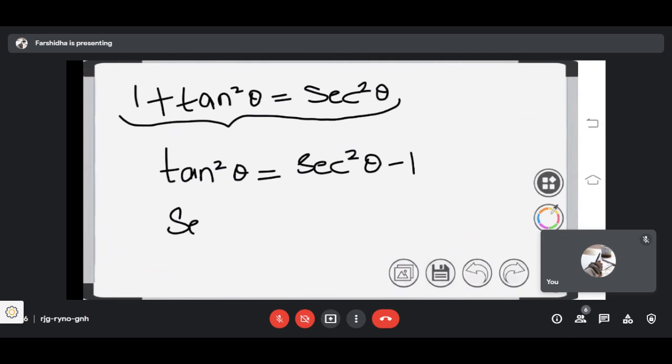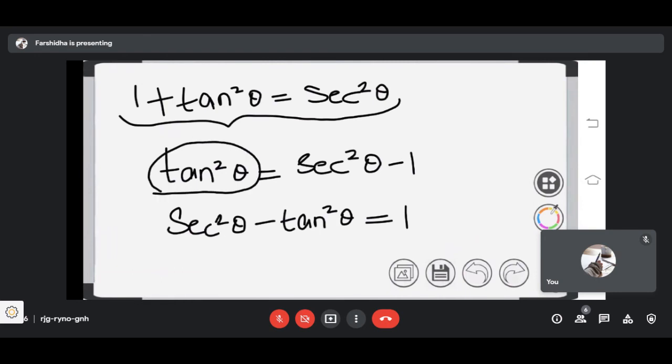Or you can write sec square theta minus tan square theta is equal to 1. These are the two formulas you can derive from the second identity. So instead of tan square theta, in some of the questions, you can replace it by sec square theta minus 1. And you can replace 1 by sec square theta minus tan square theta, or sec square theta minus tan square theta you can write as 1.